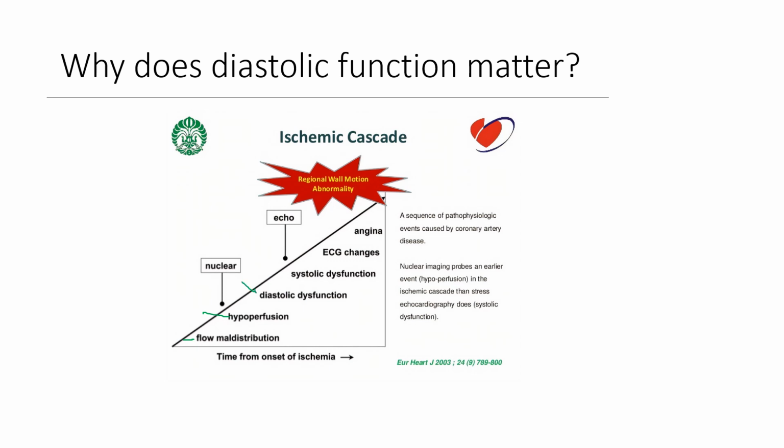Diastolic dysfunction is actually detected first before systolic function is detected on echo, and before you see any EKG changes, and before a patient gets any form of chest pain. So diastolic dysfunction is actually an earlier marker of ischemia than all these other things that we typically look out for.